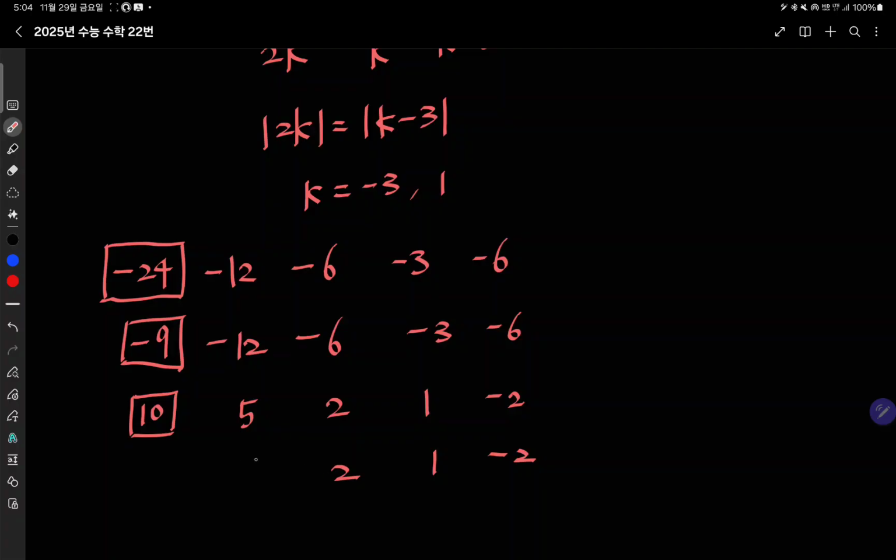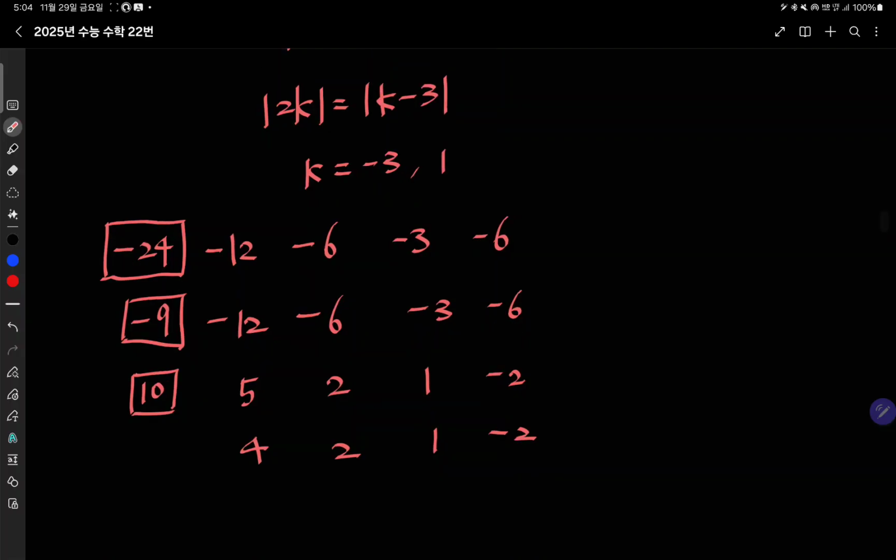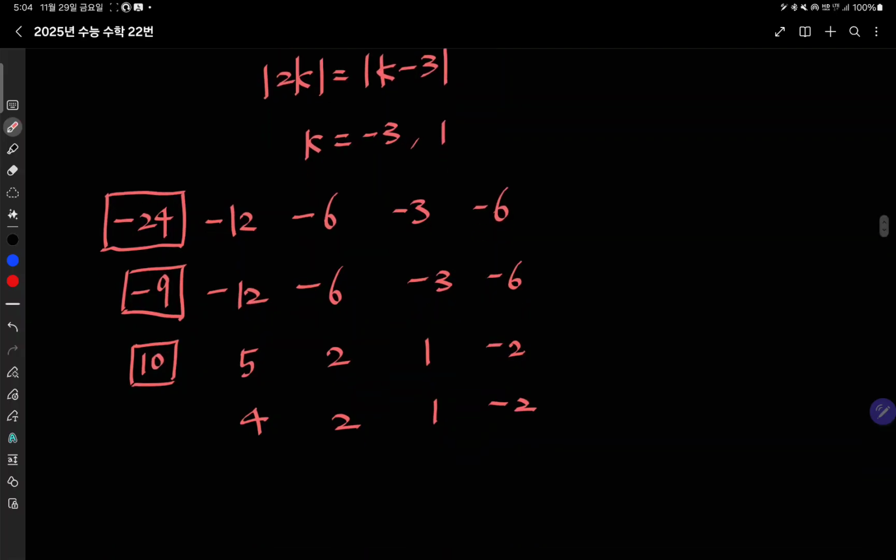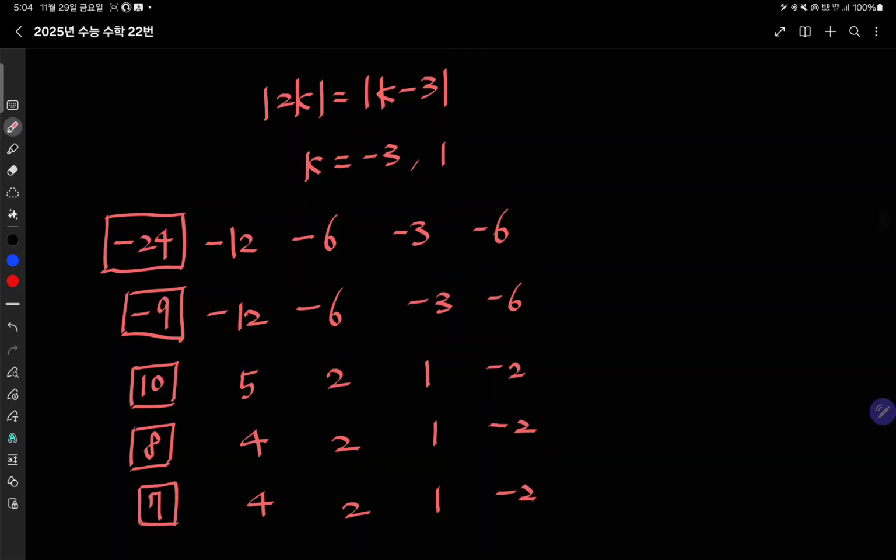And if the second term is even, the first term will be 8 if the first term is also even. And if the first term is odd, that will make 7.